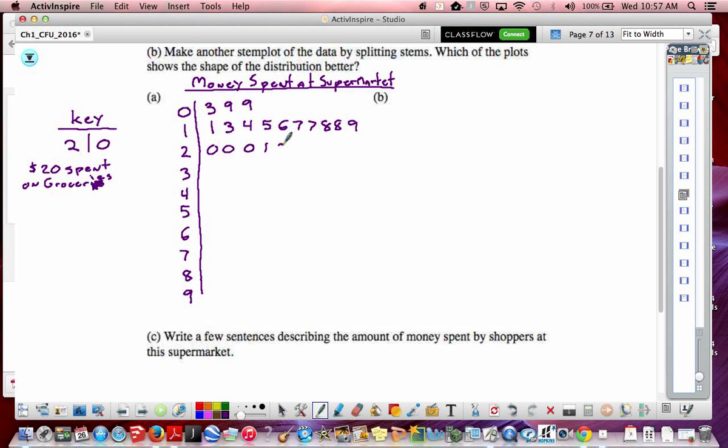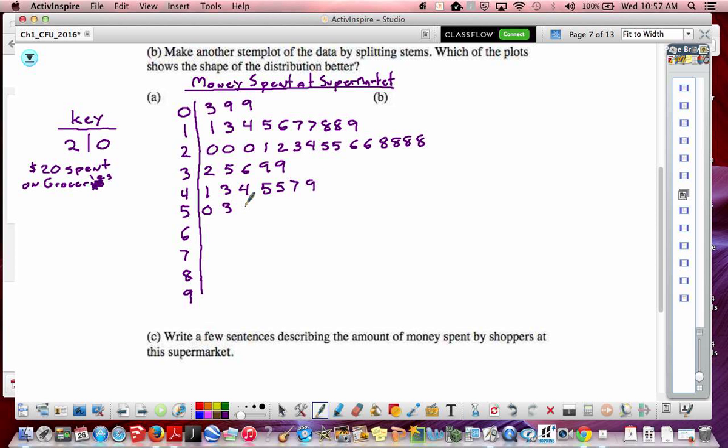Three 20s, then 1, 2, 3, then 4, 5, 5, 6, 6, and then four 8s, 1, 2, 3, 4. And then the 30s: 2, 5, 6, 9, 9. Then 1, 3, 4, 5, 5, 7, 9.